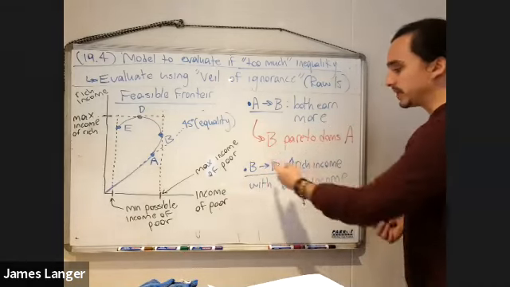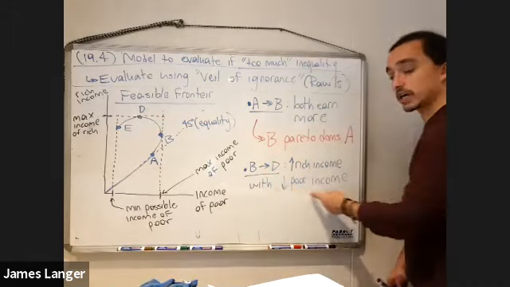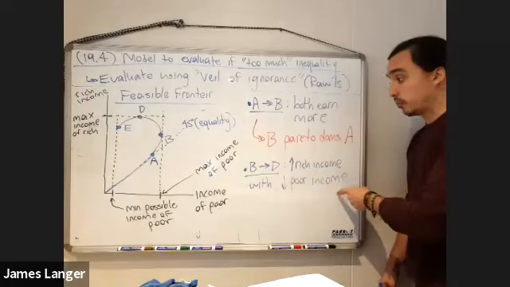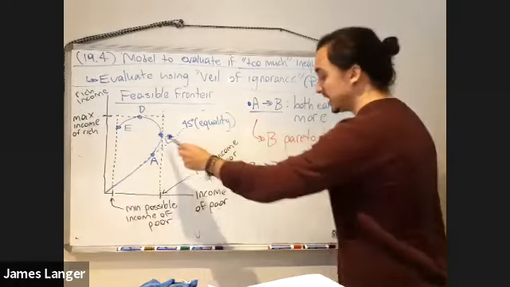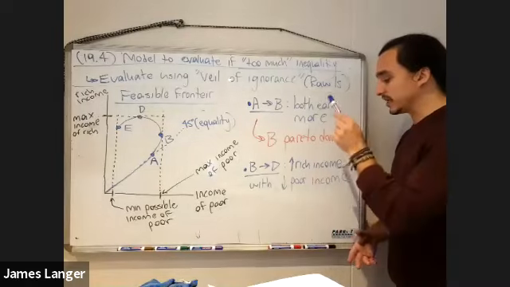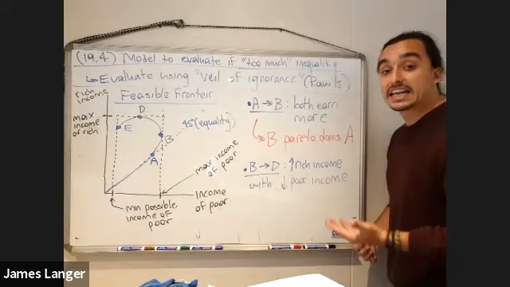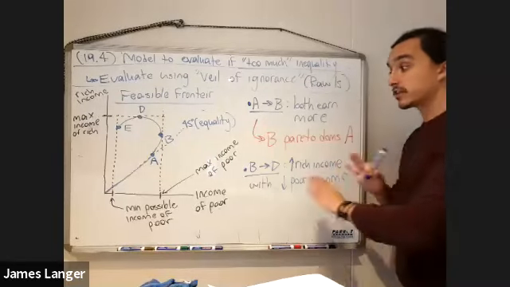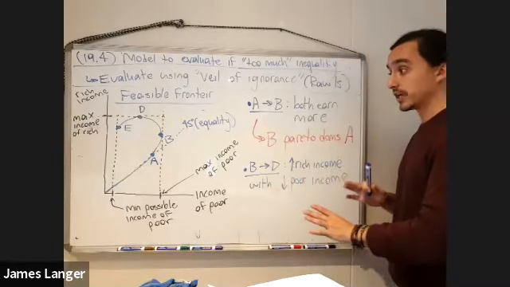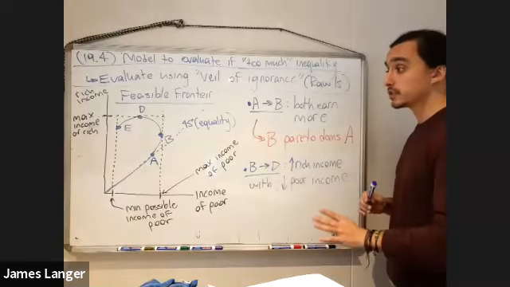Okay, so from B to D, there's an increase in rich income with a decrease in poor income. And if we did it the other way around, if we went from D to E, it would be the opposite. It would be a decrease in rich income and an increase in poor income. So there is no Pareto domination here.